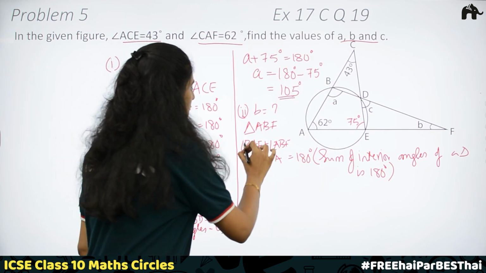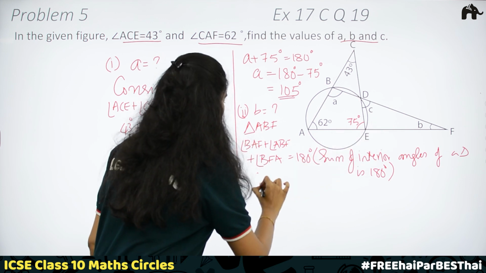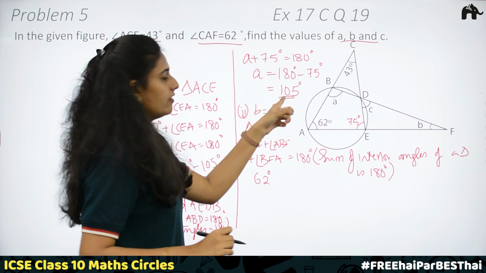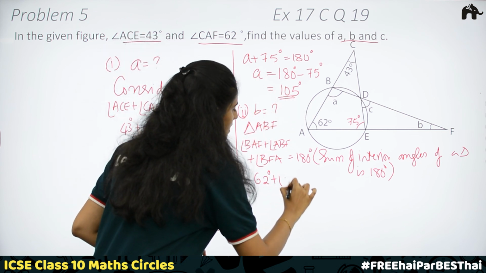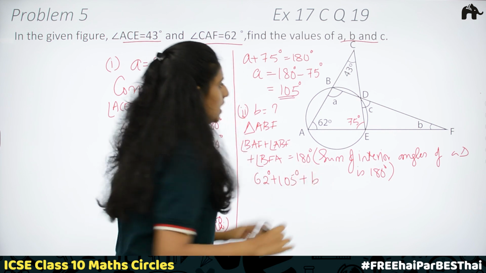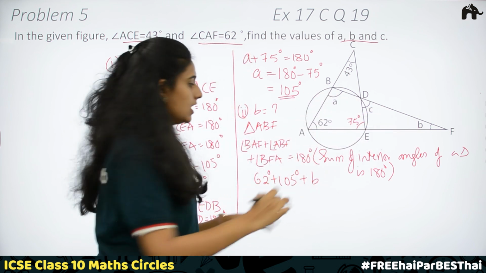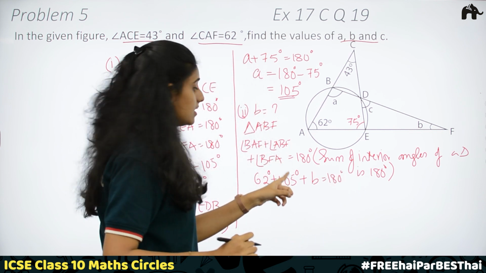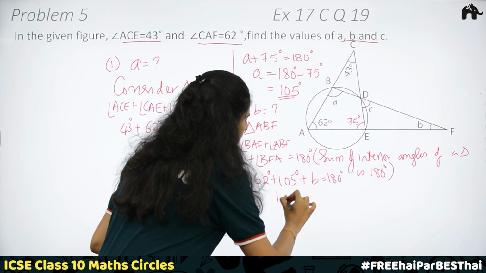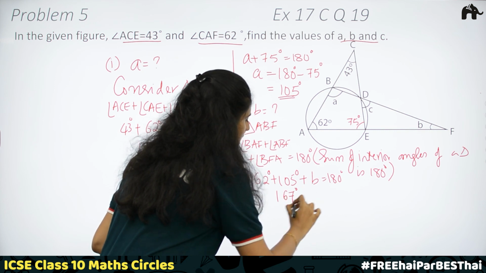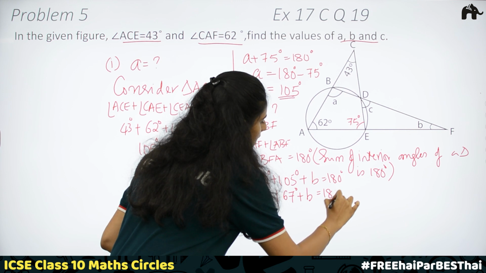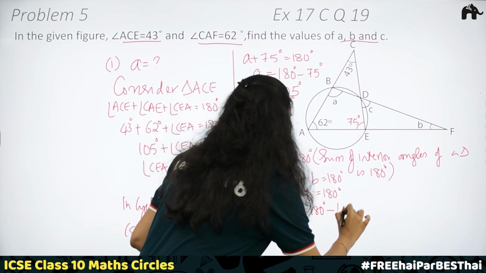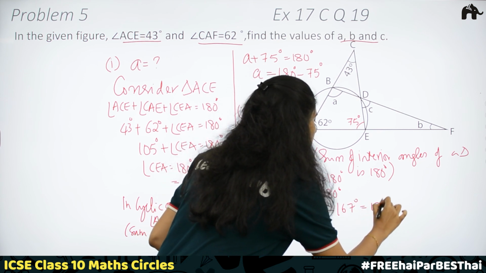Now put the values. BAF is 62 degrees. ABF is A and A we have determined, that is 105 degrees, plus B, BFA is B, that is equal to 180 degrees. 62 degrees plus 105 degrees, we get 167 degrees, plus B is equal to 180 degrees, and then B will be equal to 180 degrees minus 167 degrees is equal to 13 degrees.